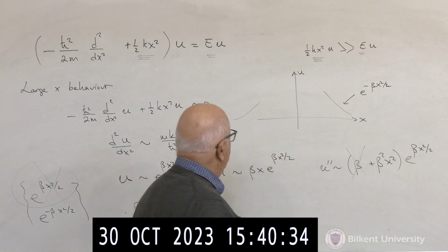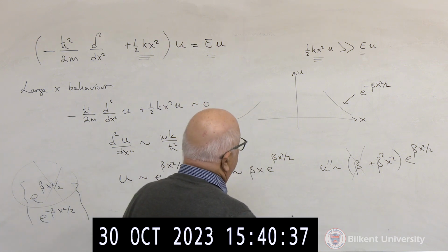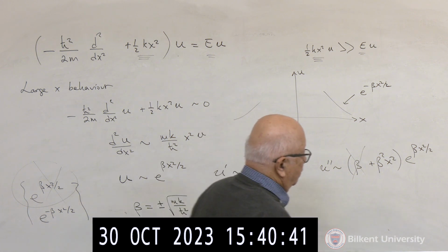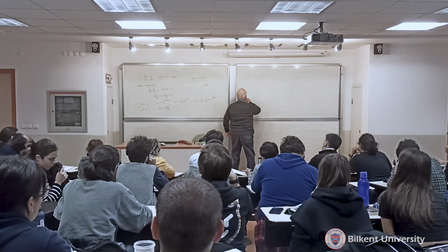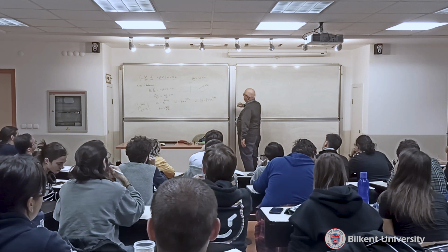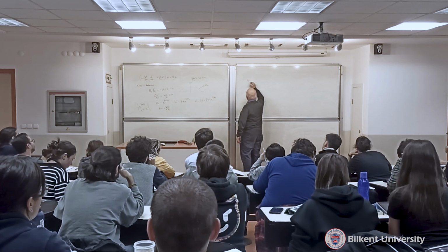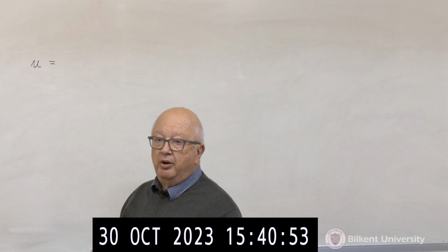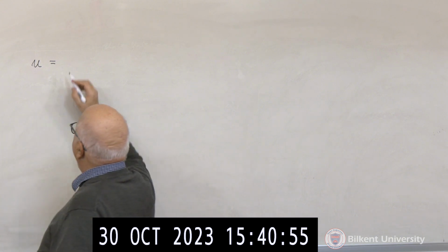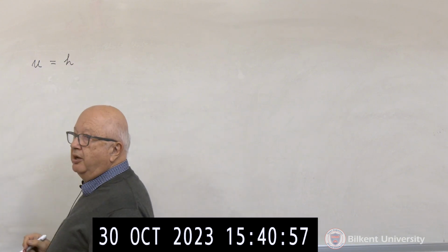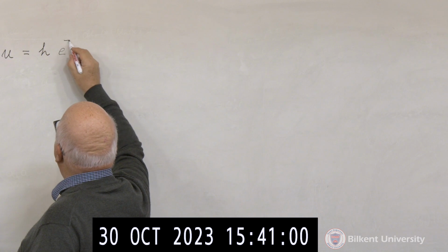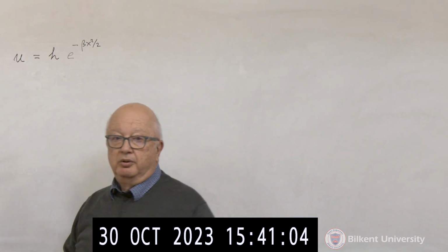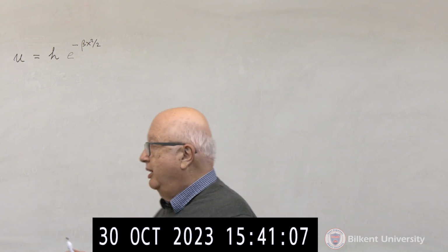So what I do is I give some sort of form to this u. I'm going to say that this u is going to be equal to some function h times e to the minus beta x squared over 2. I can always do that.